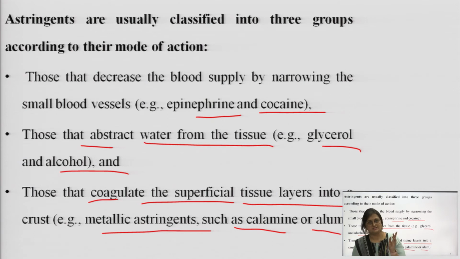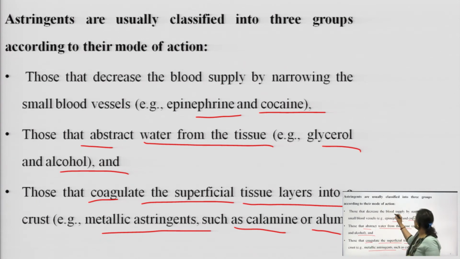Okay, we shall just have a brush up, and then we will look into the examples of astringents. Astringents are usually classified into three major groups according to their mode of action. Number one, those that decrease the blood supply.